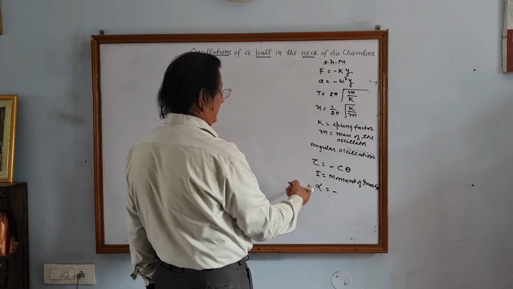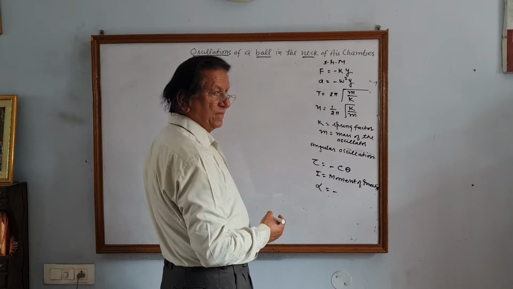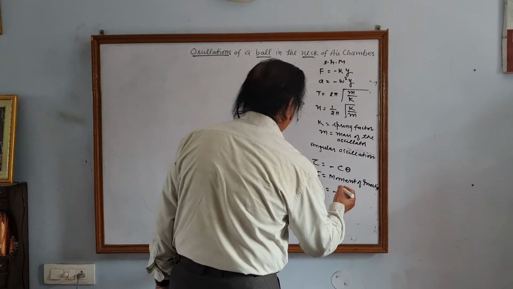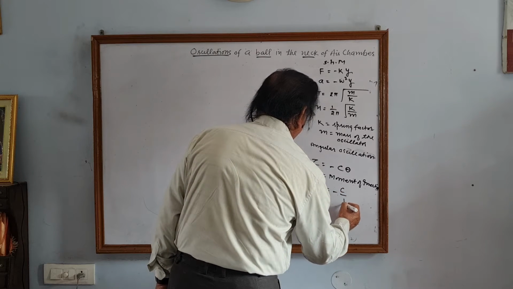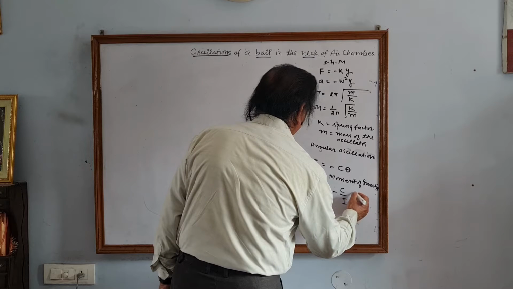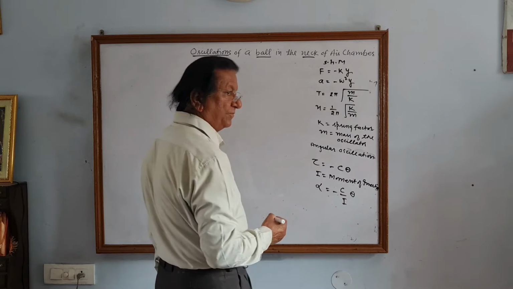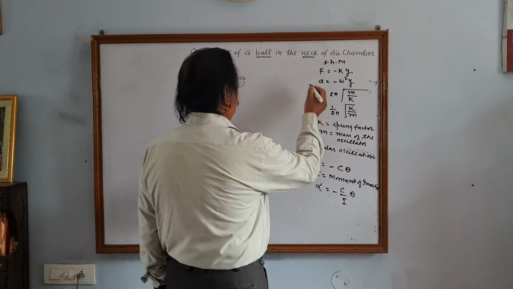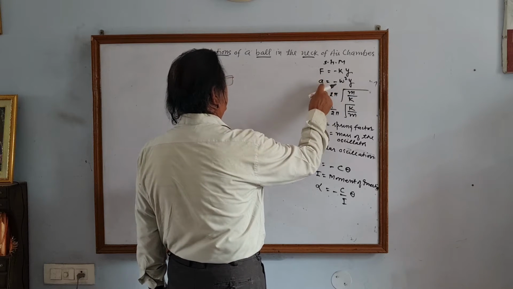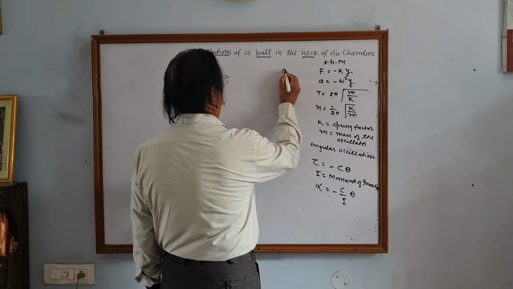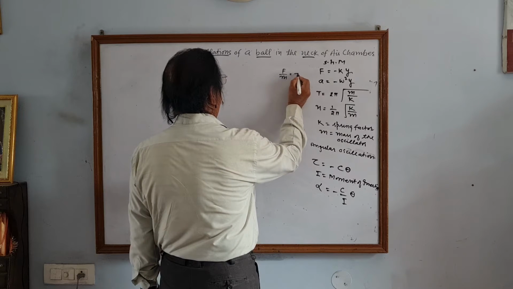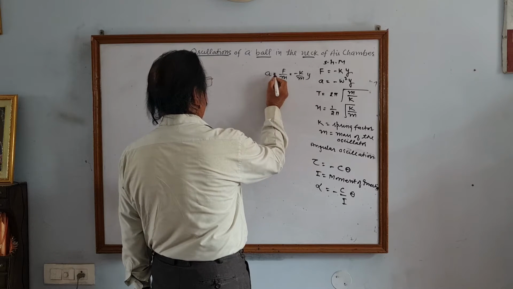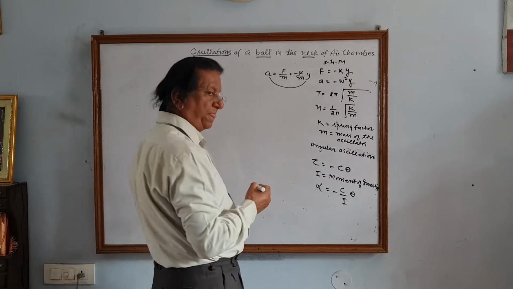Instead of a, there will be alpha. Okay. So here you will have C over I into theta. When you divide both sides by m, you get this relation, and this is the acceleration according to second law of motion.